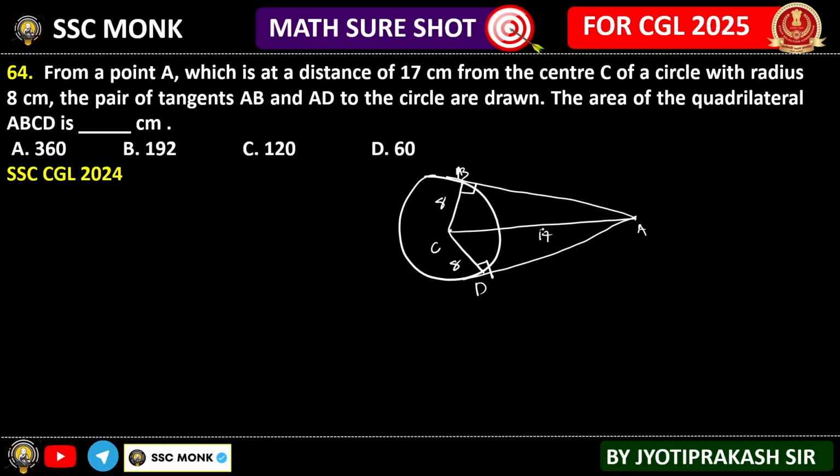This is the hypotenuse. So 17 square minus 8 square. So 289 minus 64 is equal to 225. So this is 15. This is 15. So the area of this triangle is equal to half into B into H, that is equal to 60. So both 60 centimeter square here, 60 centimeter square here. Total value 120 centimeter square.